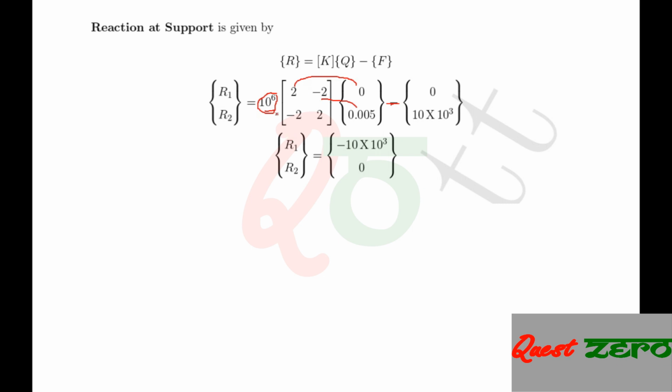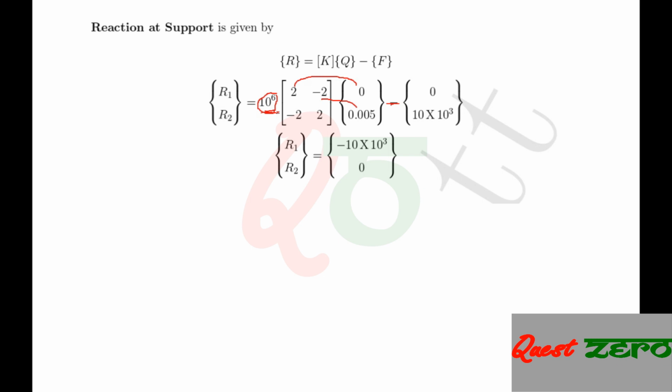Now for the R2 term, we'll multiply minus 2 into 0 is 0, 2 into 0.005. So 2 into 0.005 will give you 0.01. So 0.01 plus 0 will be 0.01, and multiply by 10 to the power of 6, which is kept outside the brackets.